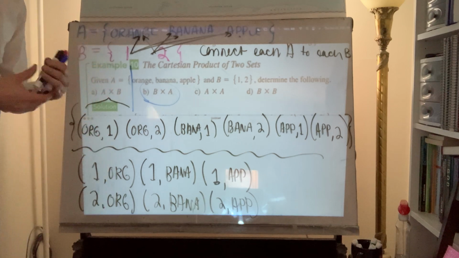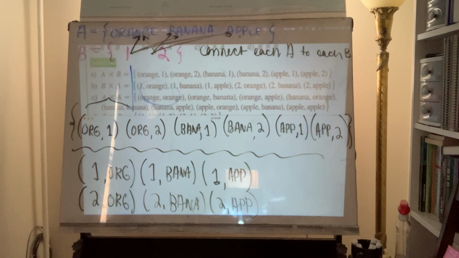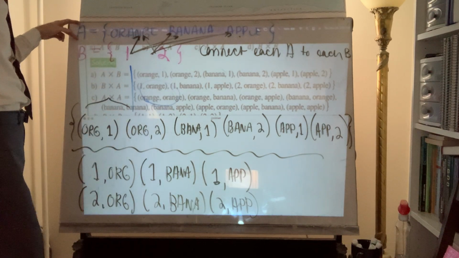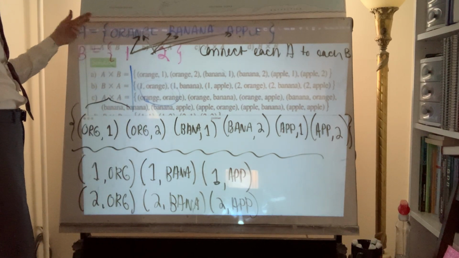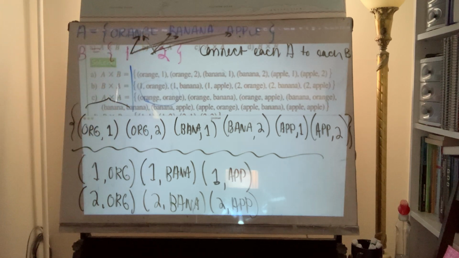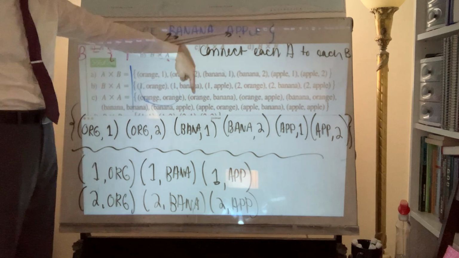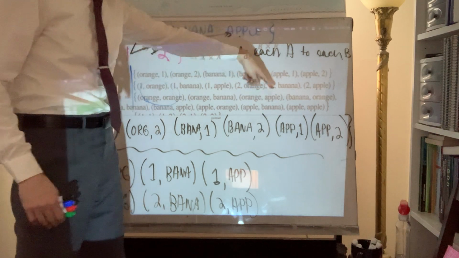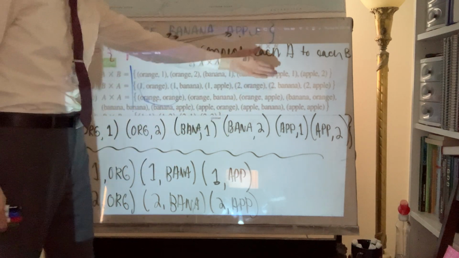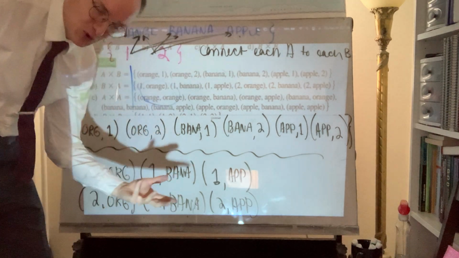As you can see, not to cheap out here on you, if you were going to do A cross A, you'd have to write the same set twice, and then go through the process of connecting arrows. So what you would have is A cross A: orange orange, orange banana, orange apple, and then it begins with banana orange, banana banana, banana apple, and so forth.